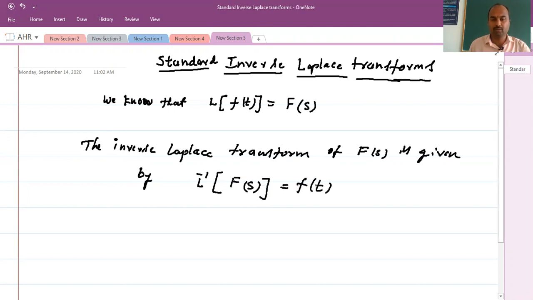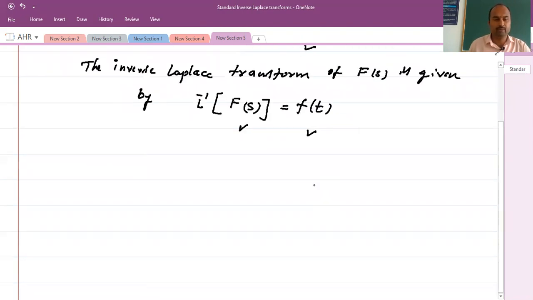That is, the Laplace transform of f of t is F of s, and the inverse of F of s will be f of t. Now, we will have around 9 standard inverse Laplace transforms.